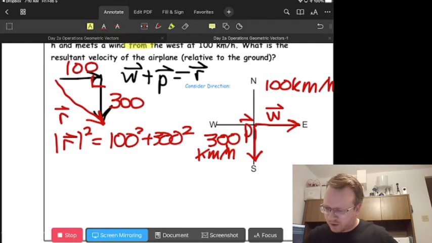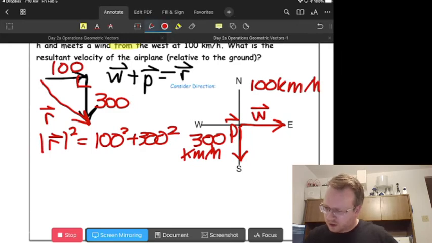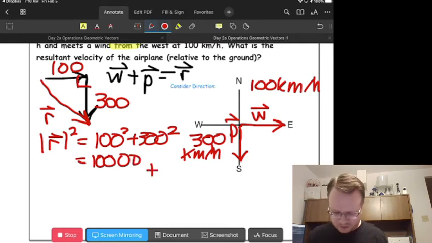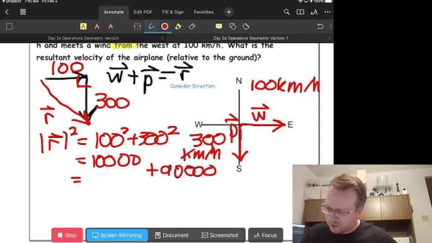All right, 100 squared. Oops. It's going to give us 1,000. No, it's not. It'll give us 10,000 plus 300 squared. It's going to give us 90,000. We're going to add those together, and we'll get 100,000.